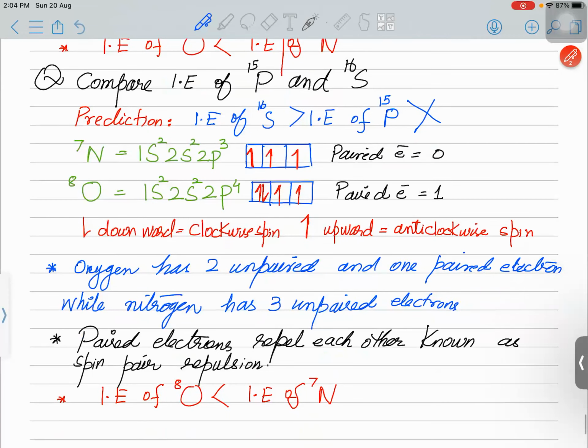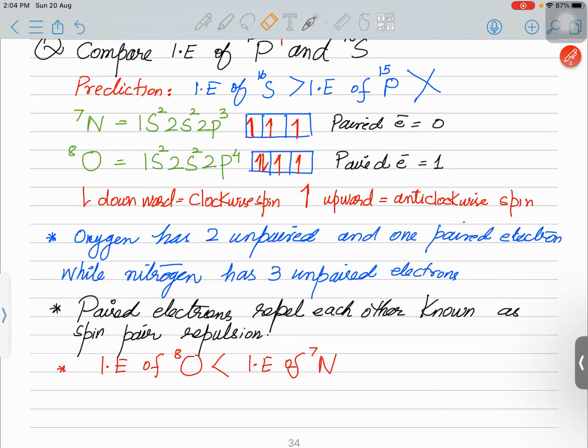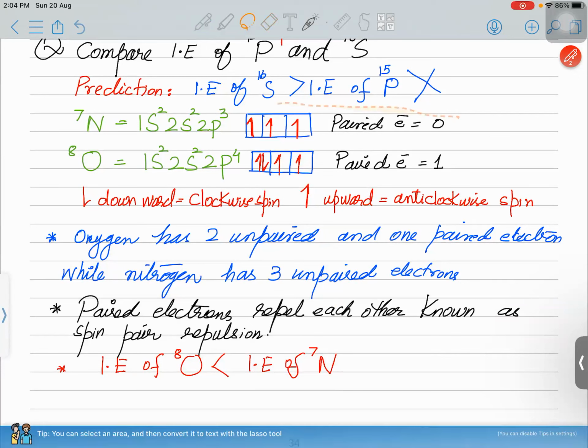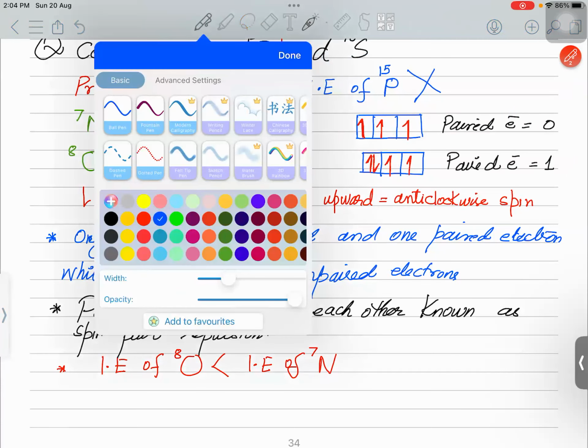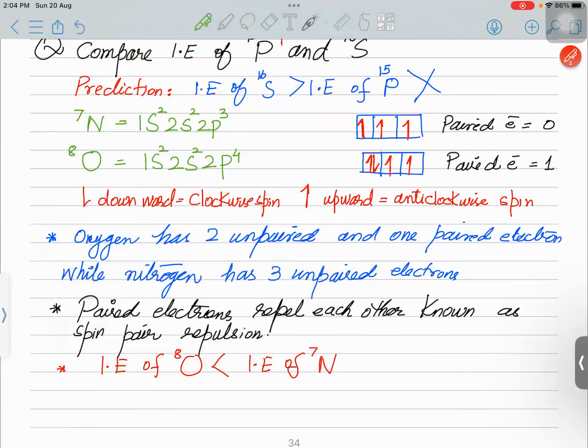This prediction is wrong. So first of all, write the electronic configuration. Here we have phosphorus 15 and sulfur 16.